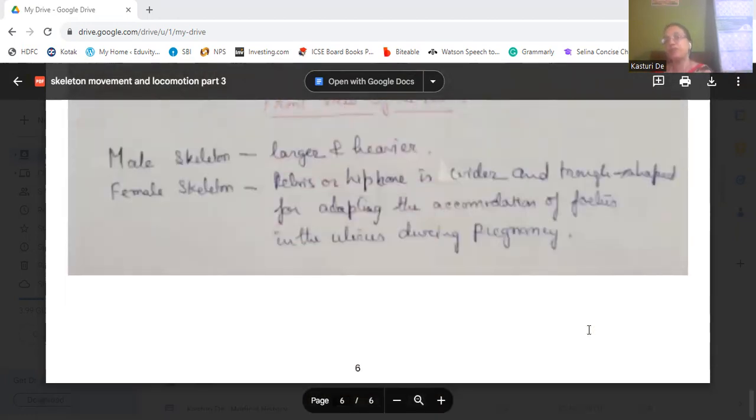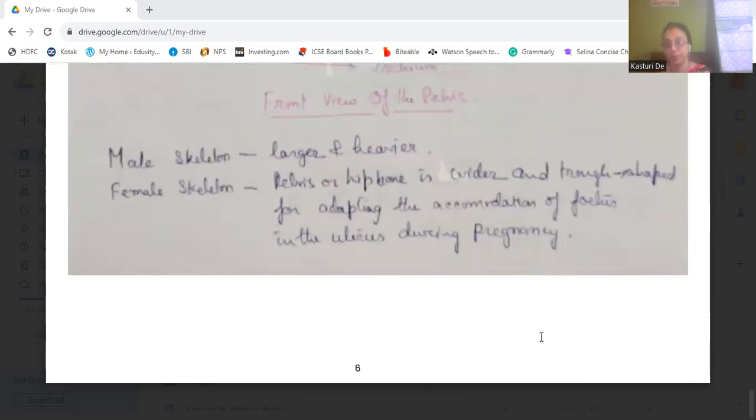What is the difference between the male and female skeleton? Main differences: the male skeleton is larger and heavier, and in the female skeleton, mainly it is the pelvis or the hip bone that differs. In the female skeleton, the pelvis and the hip bone are wider and trough-shaped, so that it can adapt to accommodate the fetus in the uterus during pregnancy.